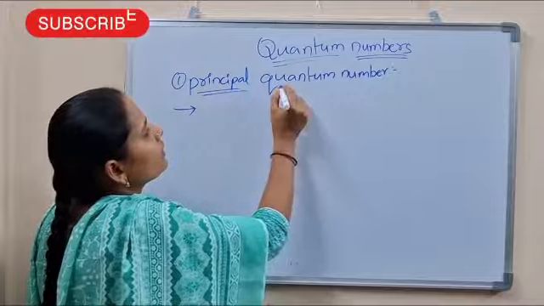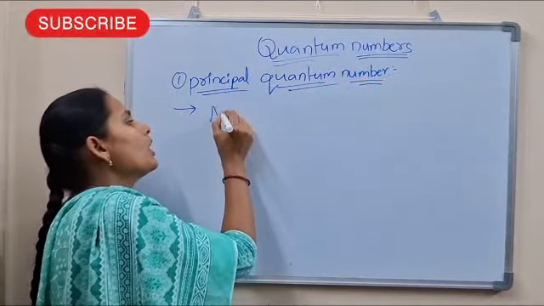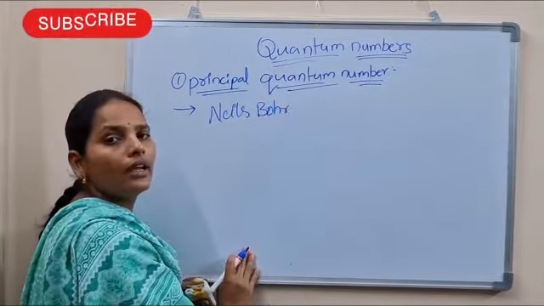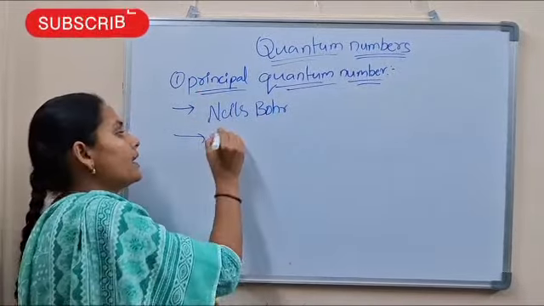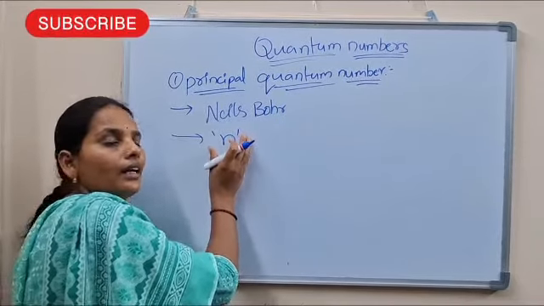It was provided by the scientist Niels Bohr. The principal quantum number is denoted by the letter N.